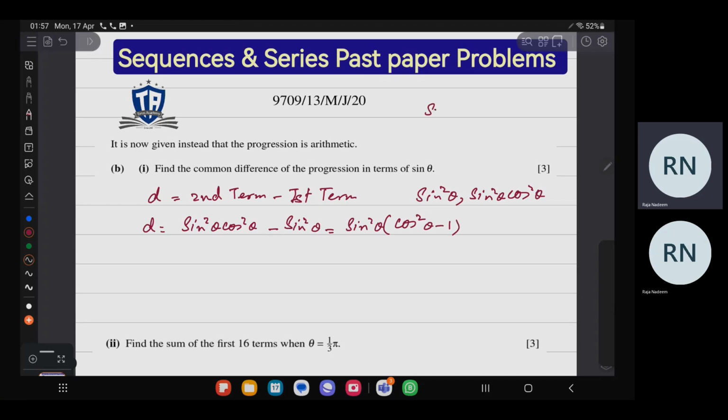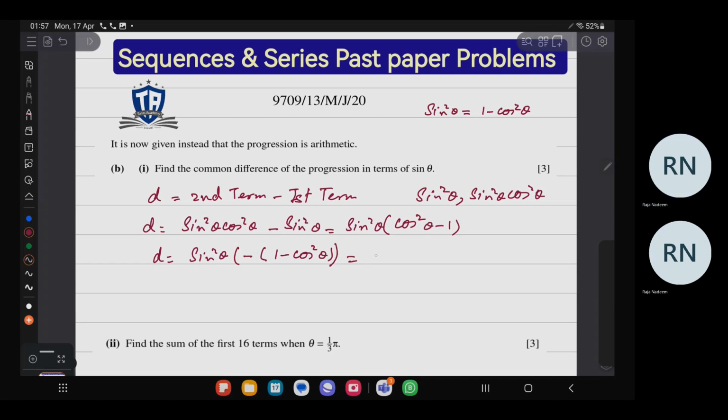We have used this identity in the previous part, which is equal to 1 minus cos square theta. But in the bracket, we have cos square theta minus 1. We can directly write the answer, but I'm taking minus as common, and then it becomes 1 minus cos square theta.